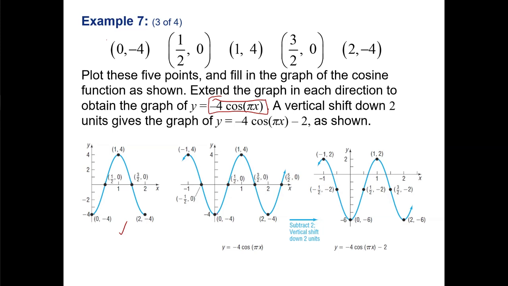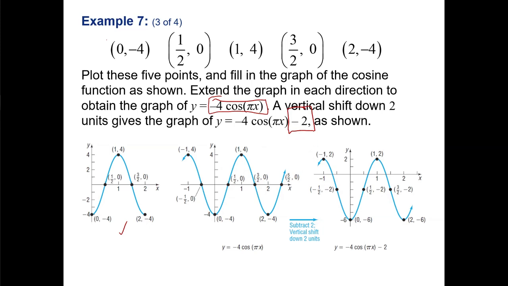So if I'm at 0, -4, if I go by 1/2, I get to 1/2, 0. And if I go by another half, I get to the top of the cycle. And then by another half, I'm back down here, and another half here, and so on. So we can take that and extend it a little bit and then put our little arrows when we think we've got enough. But now we have to take care of this.